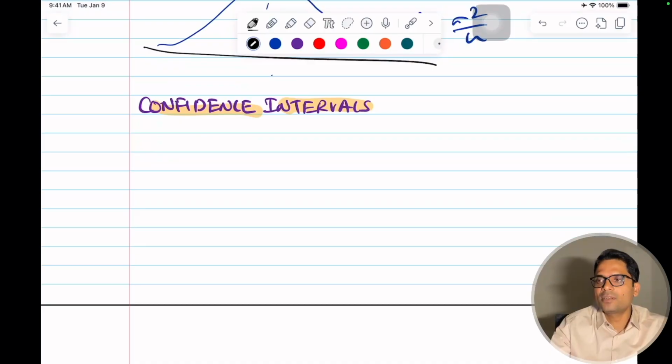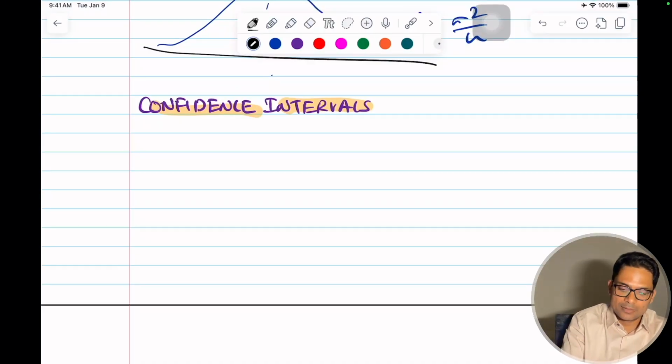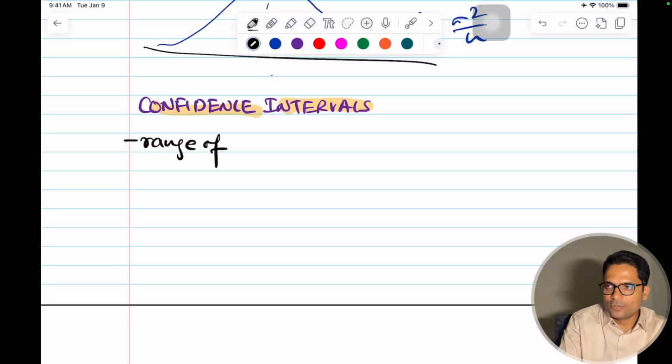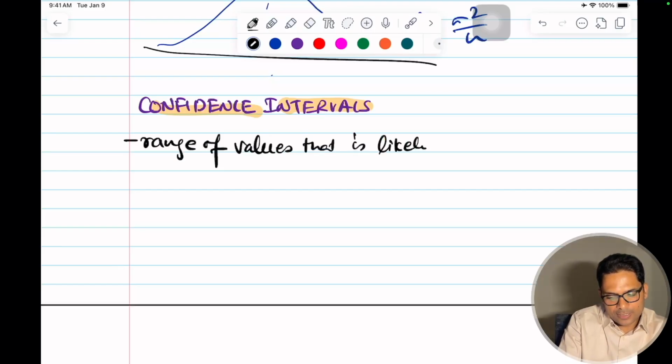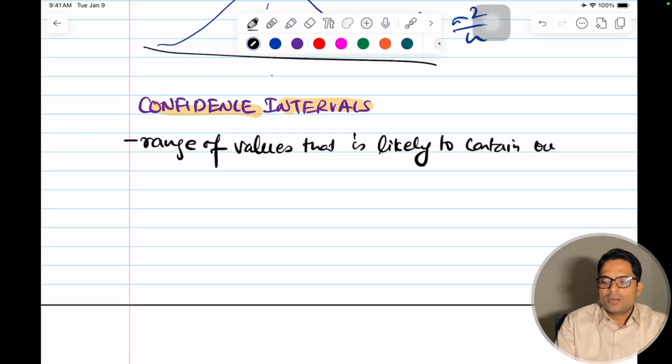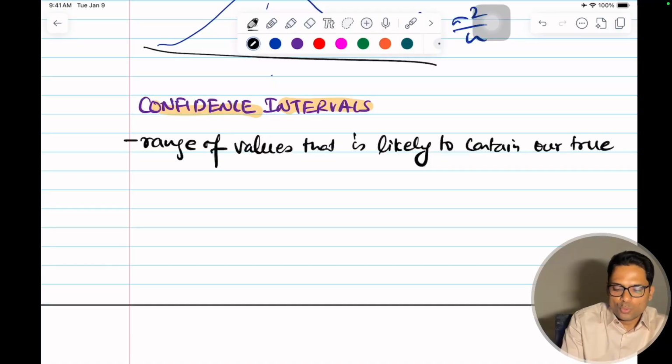So what is a confidence interval? A range of values that is likely to contain my true population mean. Instead of one point estimate, I am giving a range of values.